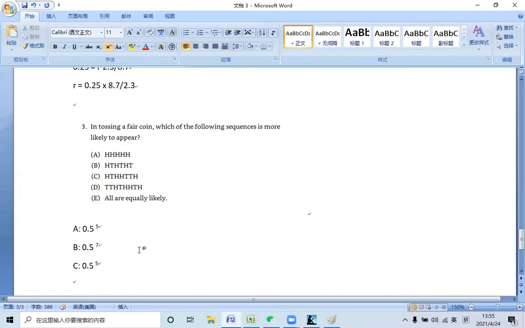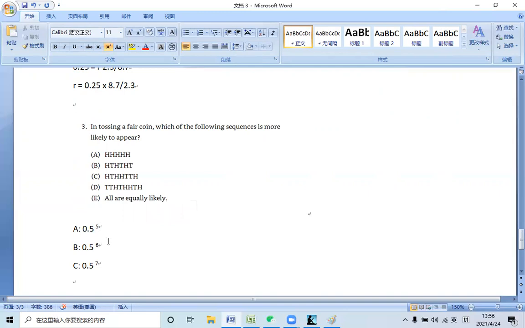You have 6 trials, and you have 7 trials for C. The smaller the number of trials, the smaller the exponent, and the larger the value. So A has the biggest likelihood.